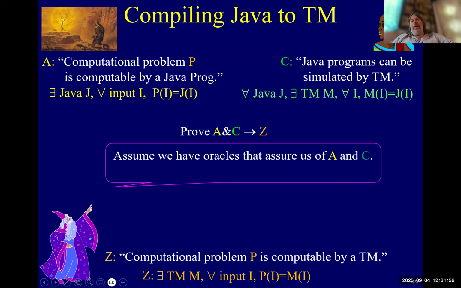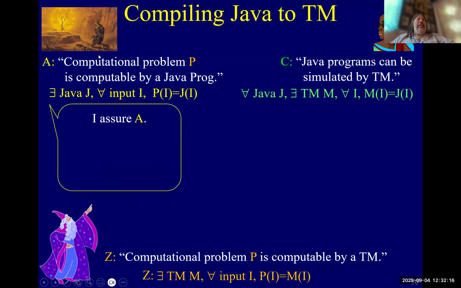And we're going to have somebody like in the oracle. Remember that fun oracle? And she's going to assure us that C is true. And having these two helpers, we're going to have to prove that Z is true, right? Does that make sense?